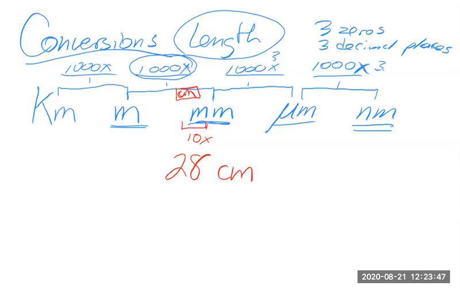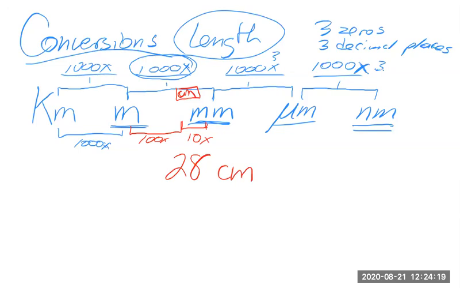Remember that in the other units, their divisibility is by 1,000-fold. That's 3 zeros, so you move the decimal 3 places. But here it's only a divisibility of 10. 1 zero, 1 decimal place. In the case of centimeter and meter, the difference there is 100-fold. That's 2 zeros, so that means 2 decimal places. But when we go back to meter and kilometer, that goes back to being 1,000, right?